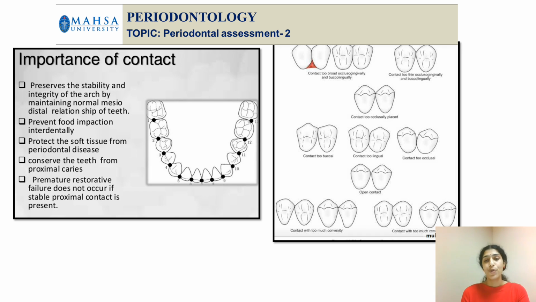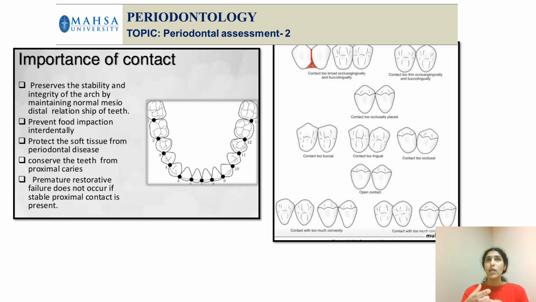Here I have shown you in the picture a few examples of how contact points are located. You can see here, for example, the contact is there, but the contact is too broad. It is not good to have such a broad contact point. It can be too broad occlusogingivally and also buccolingually.